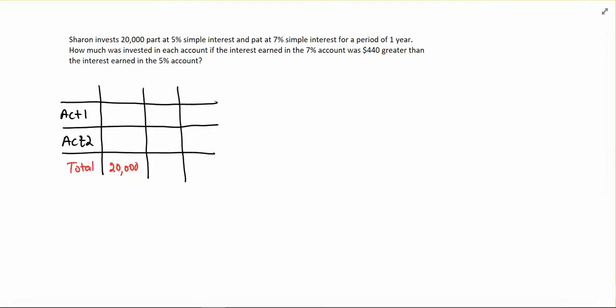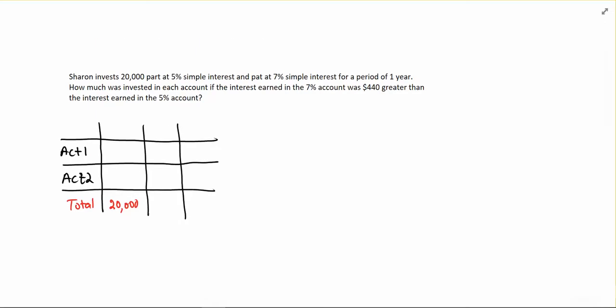And what we don't know is how much she put in the account, so this is amounts. And so in this case, I'll say X and I'll put a Y there because I don't know either of those. And part at 5%, so the interest rate, so part at 5% and part at 7%.